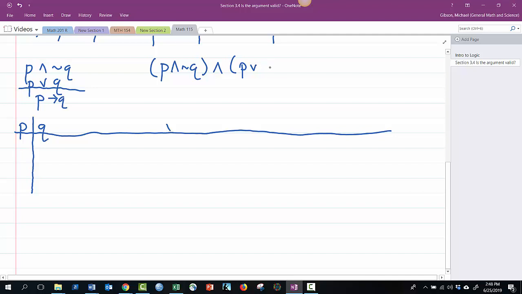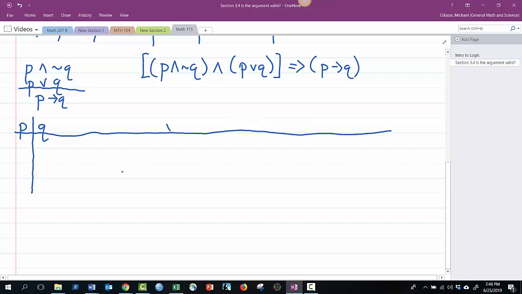P or Q. That finishes everything above the line, so you've got to put square brackets around it. And then we get our equal sign right arrow. And this time the conclusion, the thing below the line, does have more than just one variable in it, so you have to put parentheses around it.